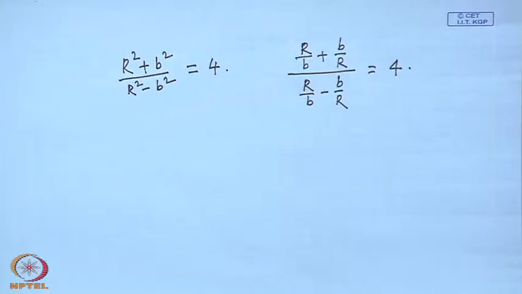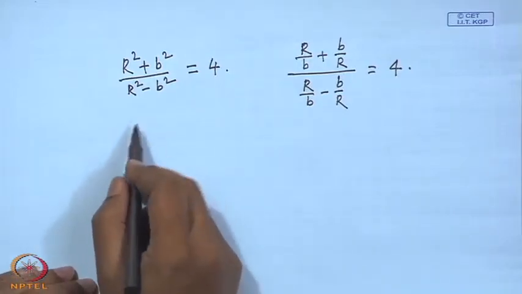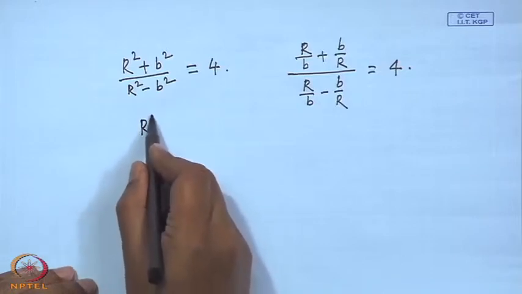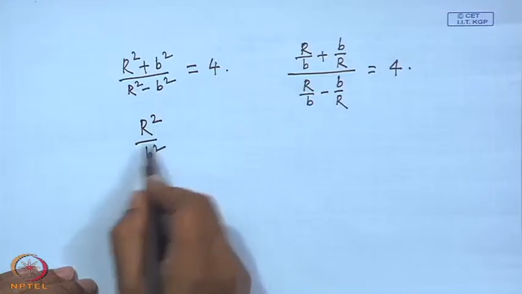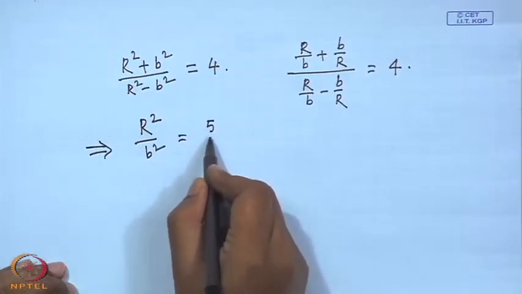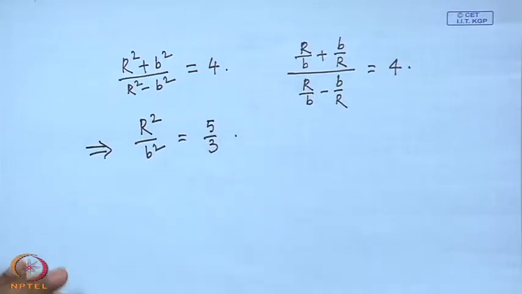How much? r by b equal to, or r square by b square equal to five by 3.